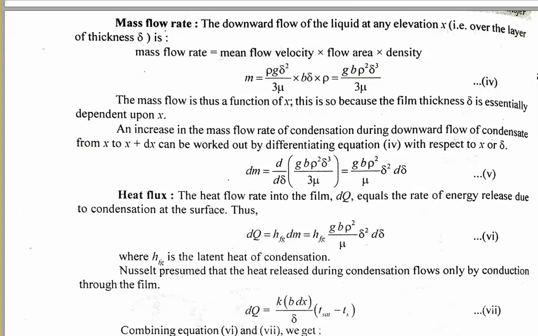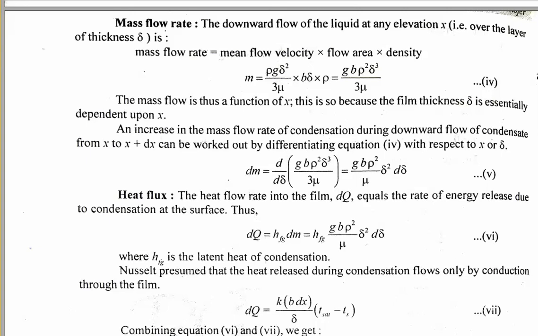That is m is equal to rho g del square by 3 mu into B into rho into del. That gives g B rho square del cube by 3 mu. The mass flow is thus a function of x. This is because the thickness del essentially depends upon x.